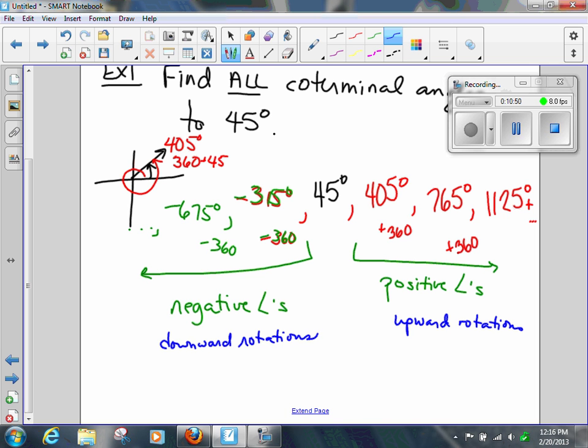So if I were to ask you to find all of the coterminal angles for 30 degrees, then you would have to have dot, dot, dot, a number, 30, 390, and keep going and going, and then comma, dot, dot, dot. You'd have to have a series, okay? Does this make sense? Do we want conditions, parameters given or not? Yeah, we want parameters given.